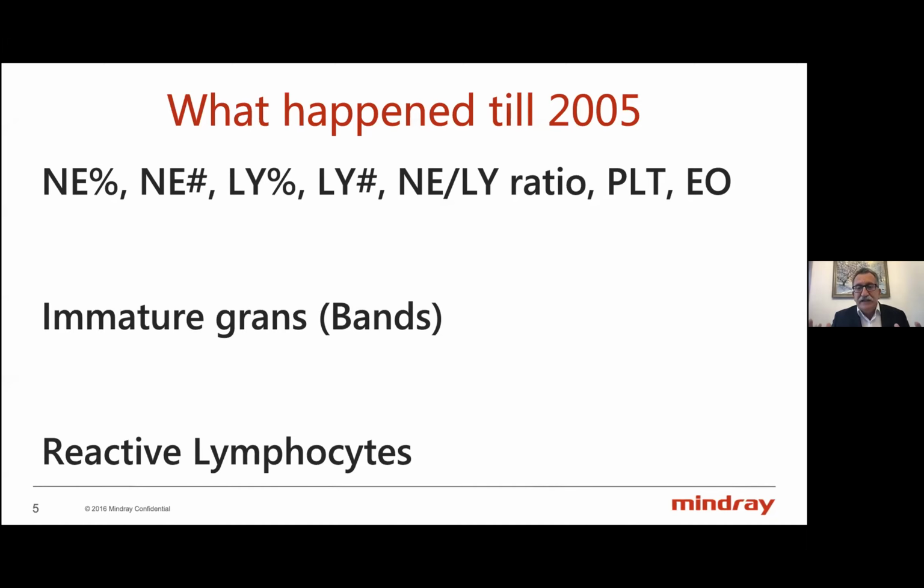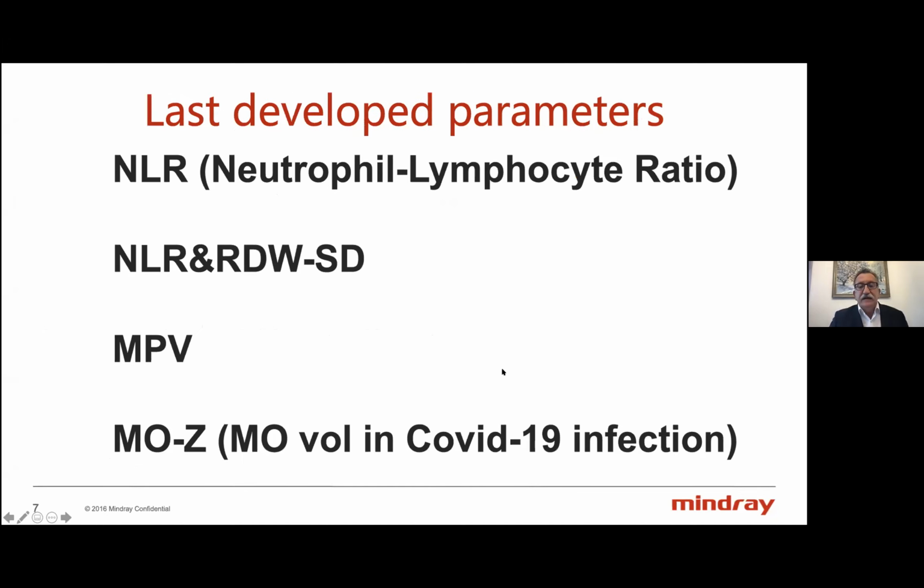But in the meantime, until 2005, biochemistry developed a lot of parameters: interleukin-6, procalcitonin, etc., and of course CRP. But hematology was like sleeping, not developing enough new parameters. Things have changed after 2005.